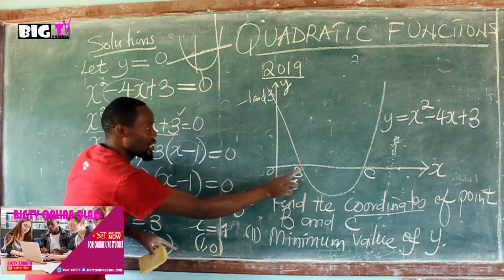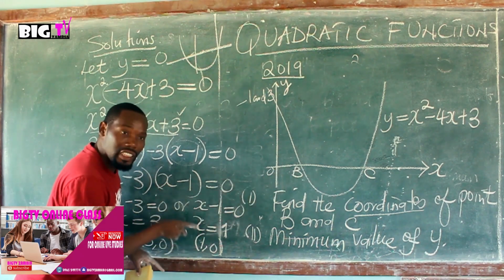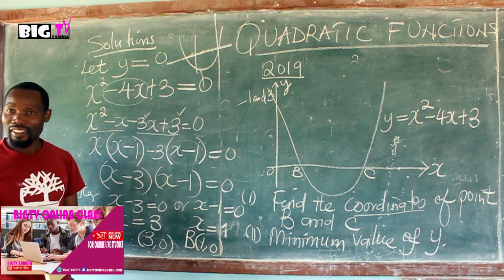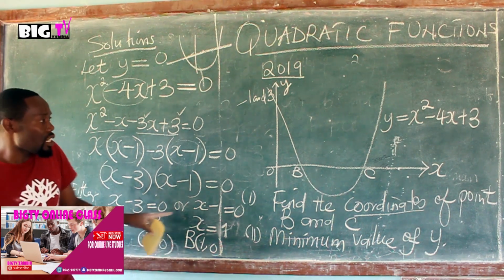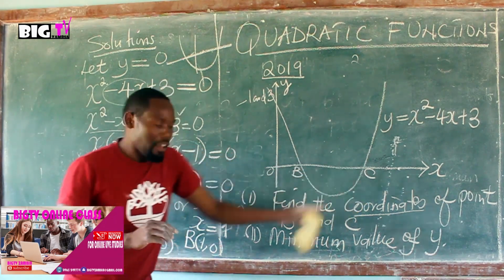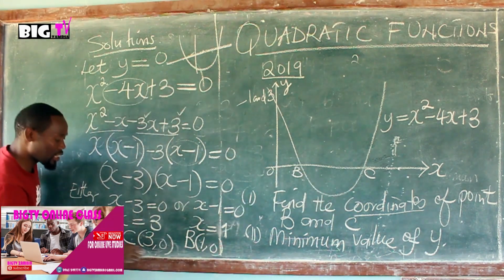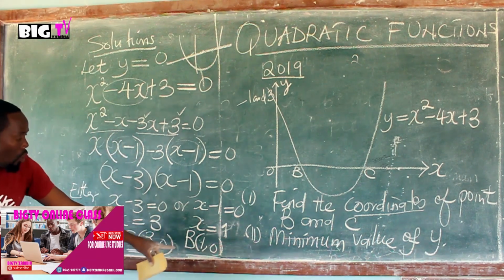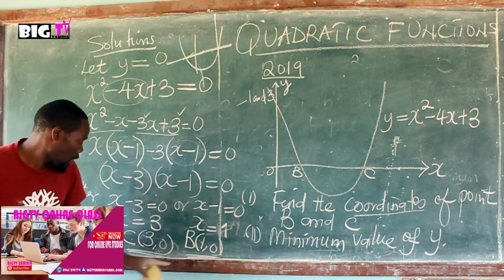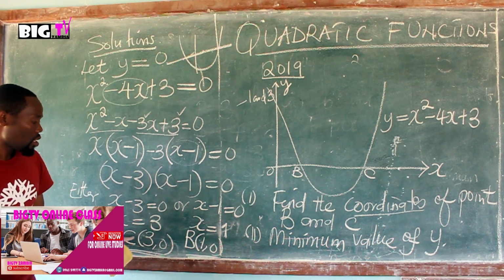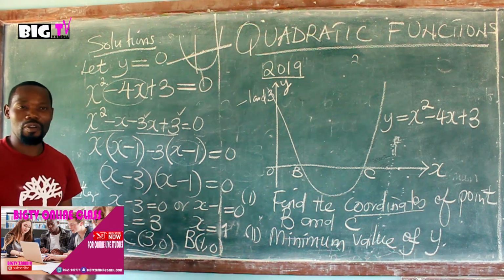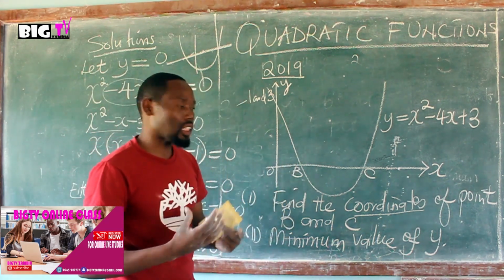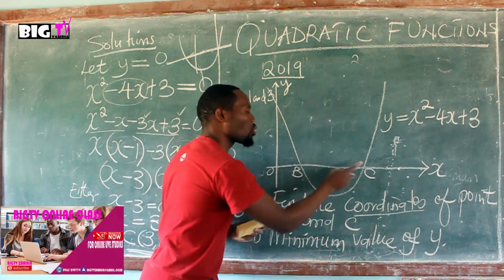So the one with the lowest number becomes coordinate B. The next one with the furthest number becomes coordinate C. So B is 1, 0, and C is 3, 0. This is how we handle questions like this if they're asking us to find the solutions.